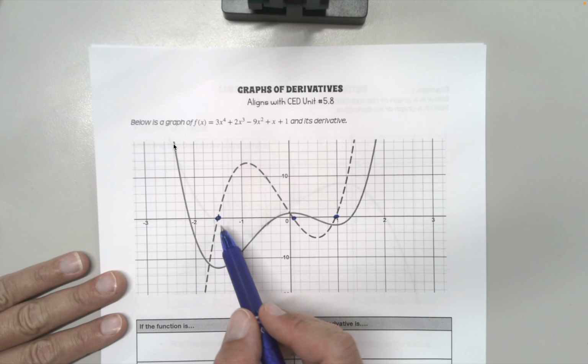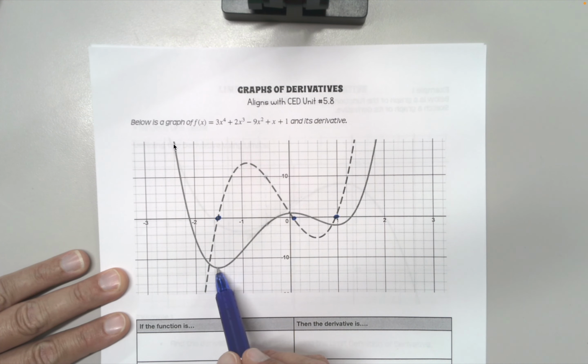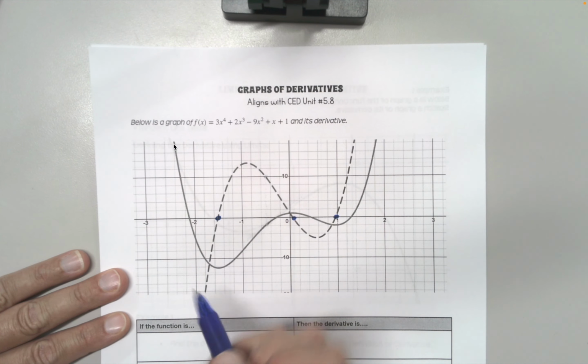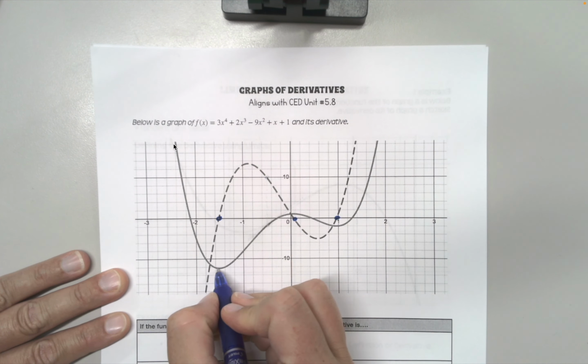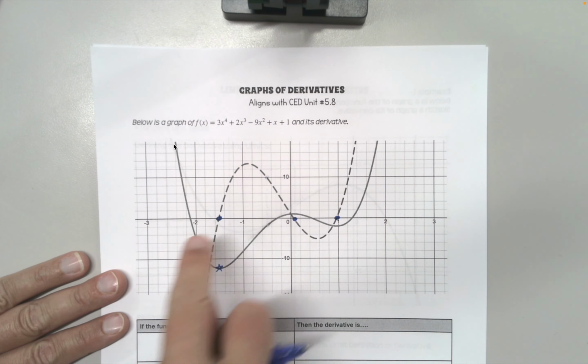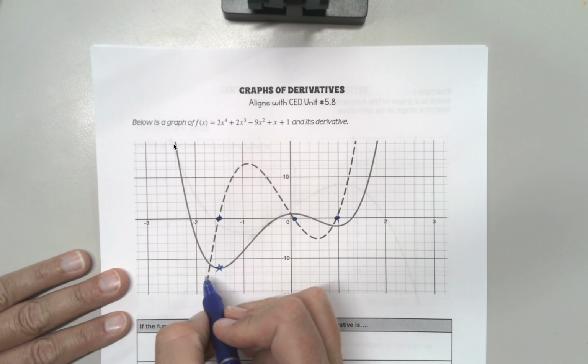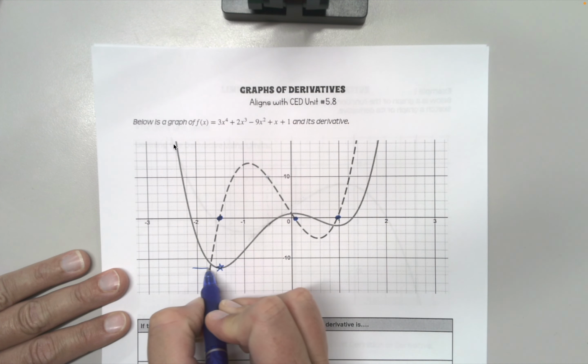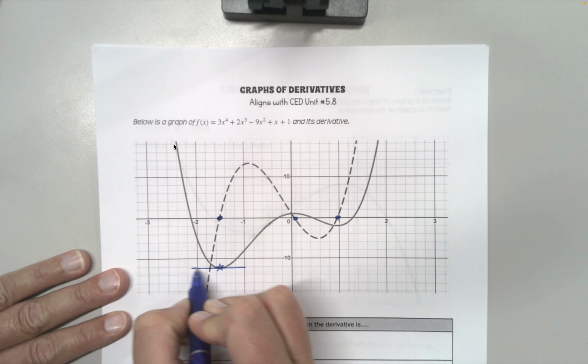And so if I follow those points down to the original graph, or up, as it may be over here, what I see is this is where the graph is changing direction, right? It goes from decreasing to increasing. And so if I were to draw a tangent line in right here, it would be a horizontal line.